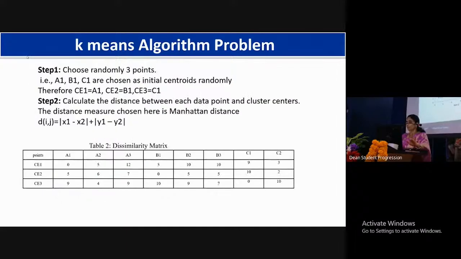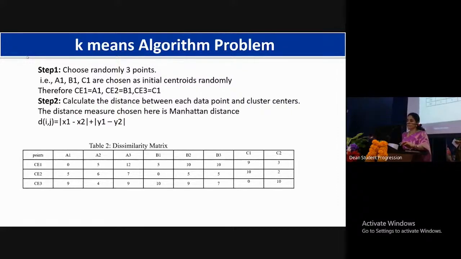And then I try to come up with a distance table. This is your Manhattan distance. As I spoke about this in KNN, here I have a Manhattan distance, modulus of x1 minus x2 plus modulus of y1 minus y2. You are taking Manhattan distance. So I'm trying to calculate the dissimilarity matrix here, not the similarity matrix.